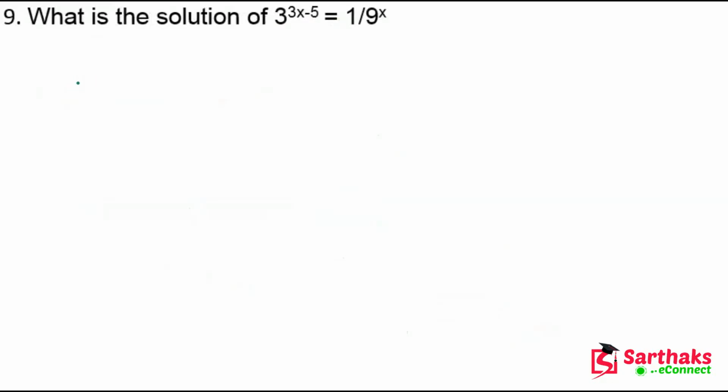Yes, now the next question is, what is the solution of 3 raised to power 3x minus 5 equals 1 upon 9 raised to power x? Okay, understand, my dear friends. So here we have 3 raised to power 3x minus 5 equals 1 upon 9 raised to power x. We can write 9 as 3 squared, so 3 raised to power 3x minus 5 equals 1 upon (3 raised to power 2) whole raised to power x.